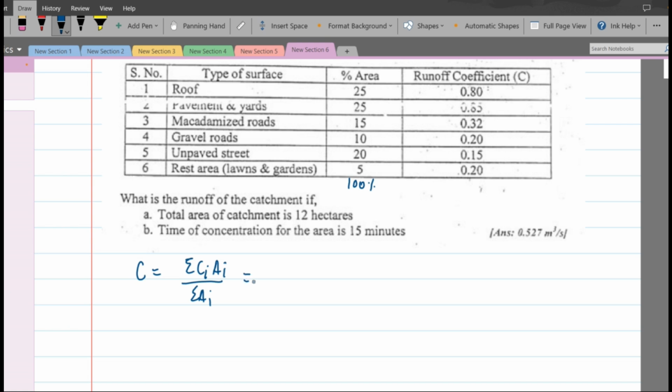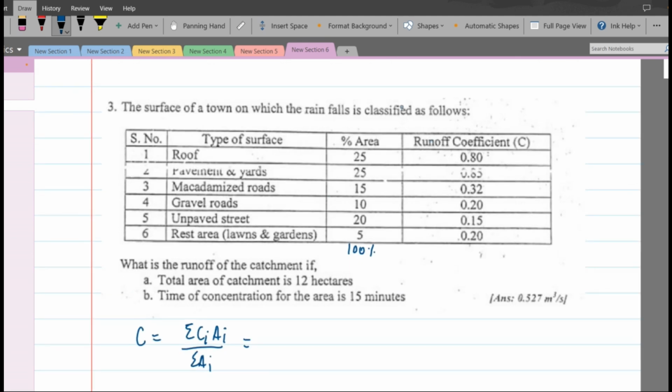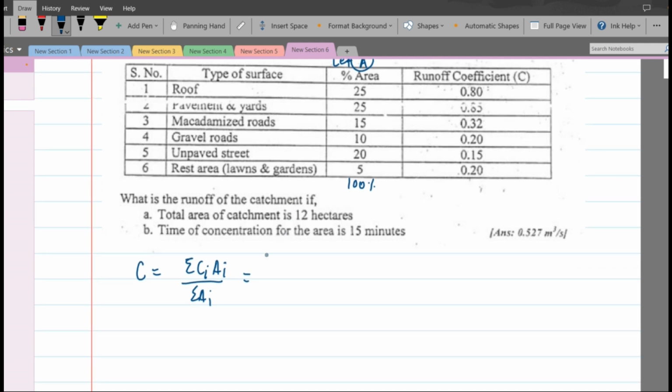We know that the summation of Ai will be A itself, because 100% of the area, letting the total area be A. So in the denominator it will be A only.